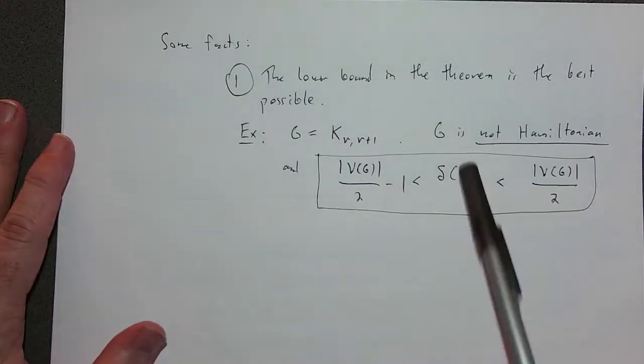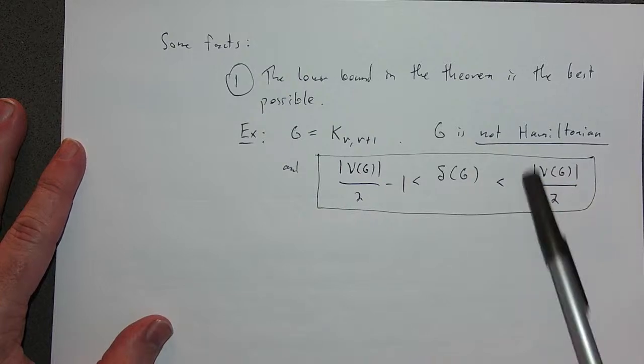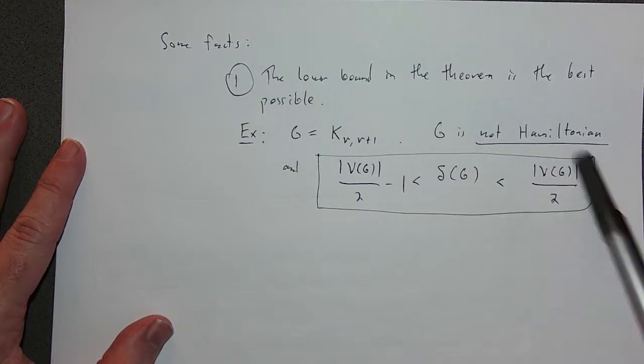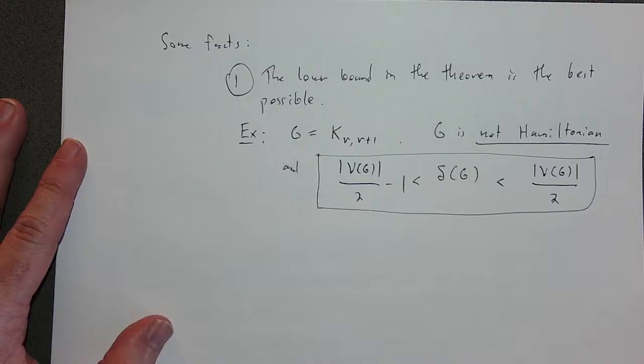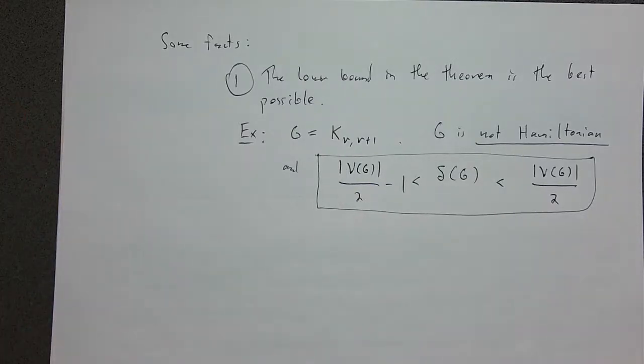So this provides an example. And if you're even slightly smaller than n over 2, then you can have this example here of not Hamiltonian. So this is as good as you can do.